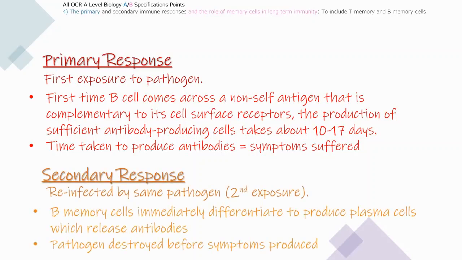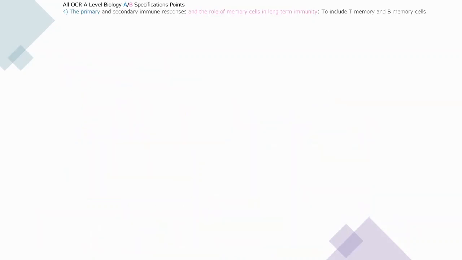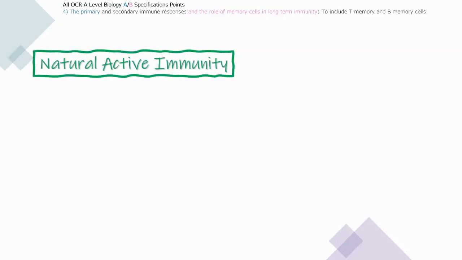So if you're reinfected by the same pathogen, so second exposure, third, fourth, fifth, any exposure that isn't the first exposure, this causes B memory cells to immediately differentiate to produce plasma cells which release antibodies. So then the pathogen is able to be destroyed before any symptoms are produced. So this process of primary and secondary immune response is known as natural active immunity.